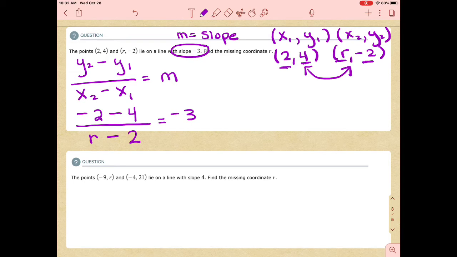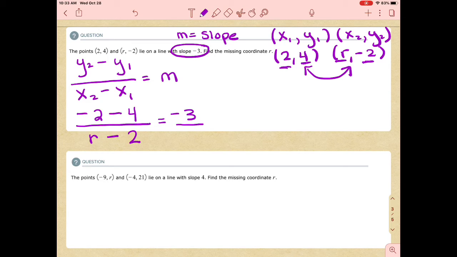Now we need to do a little bit of algebra, and there's a couple ways you could look at this. We could cross multiply. If you like that, we could go like this, and then we could cross multiply the corners and make them equal each other. That would be fine. We did that in chapter 2.